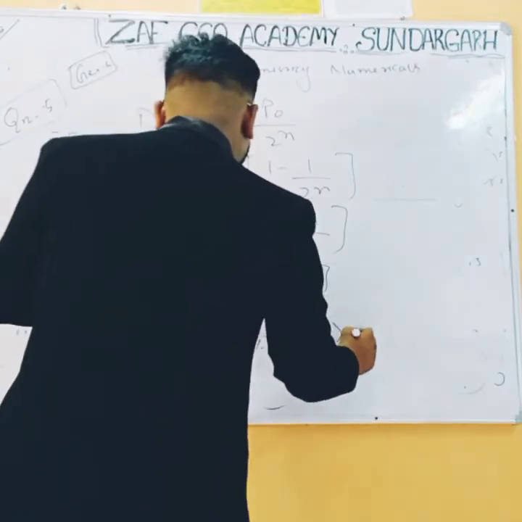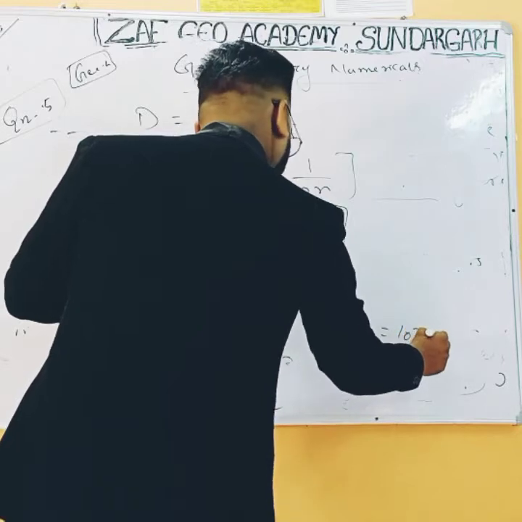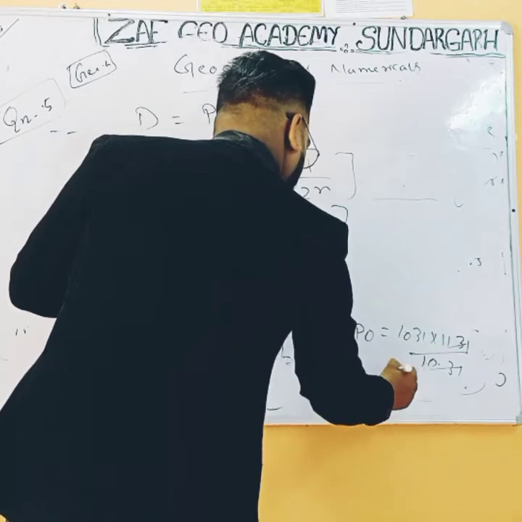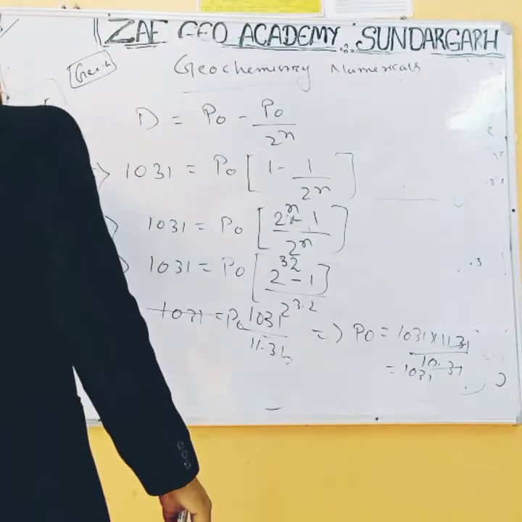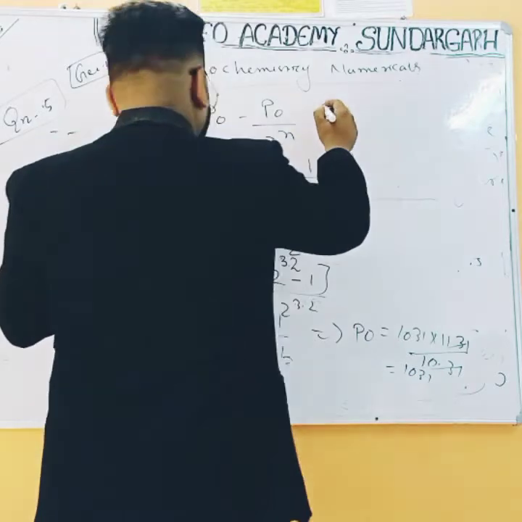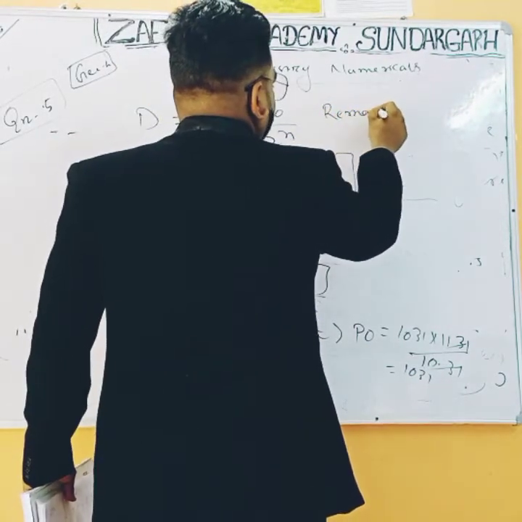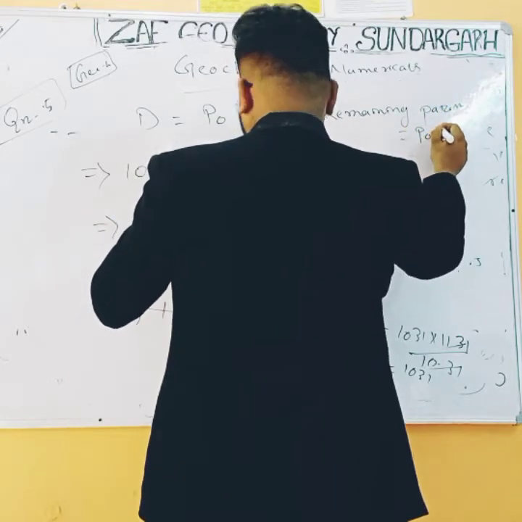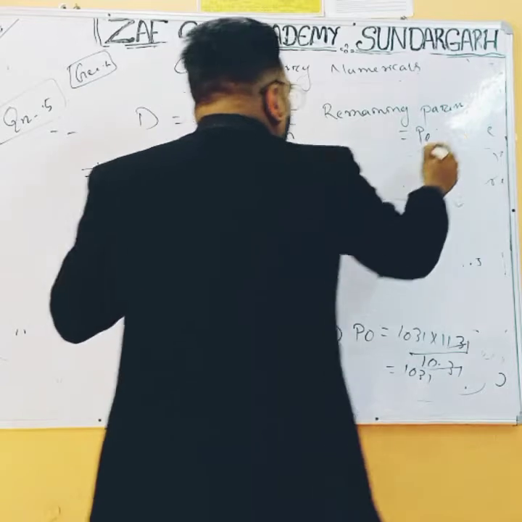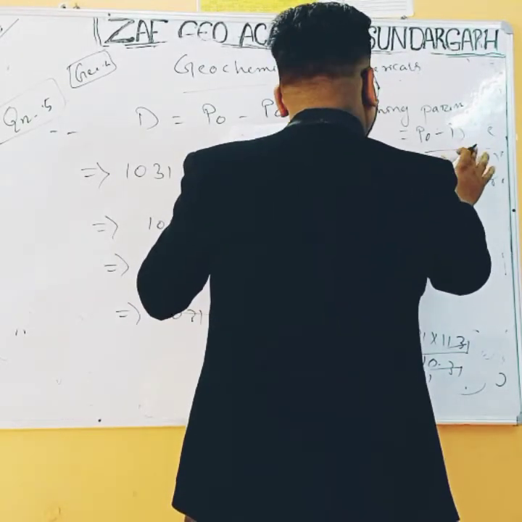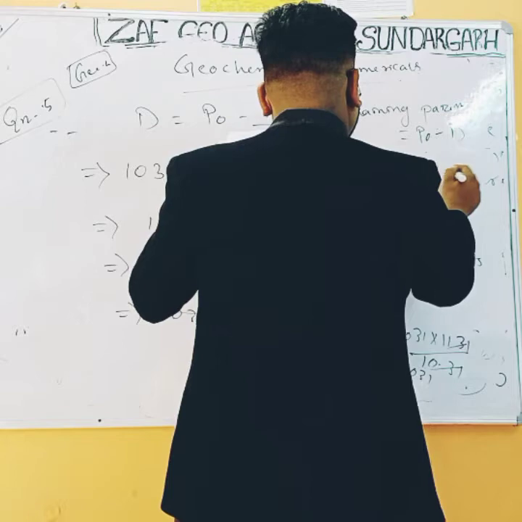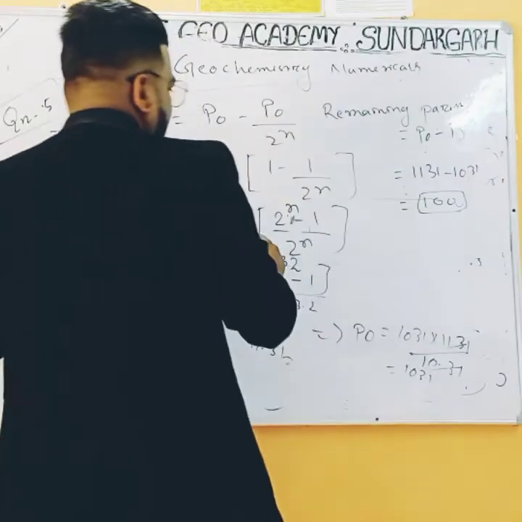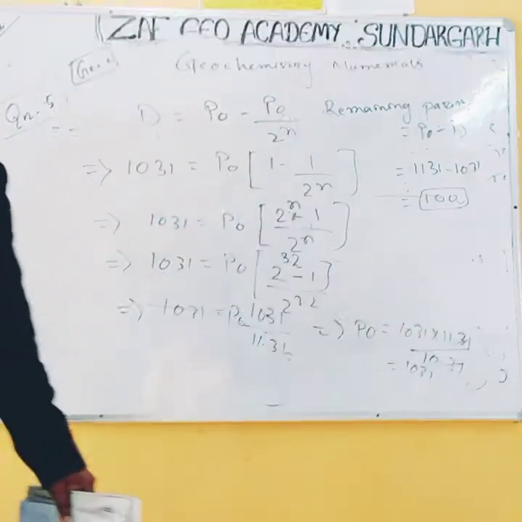Now the remaining parent is P naught minus D. So the remaining parent will be 100. So the concentration of parent nuclei will be 100.